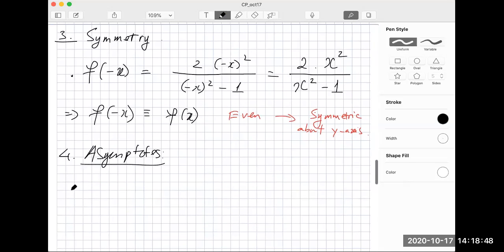So the easiest one is the horizontal asymptote, right?